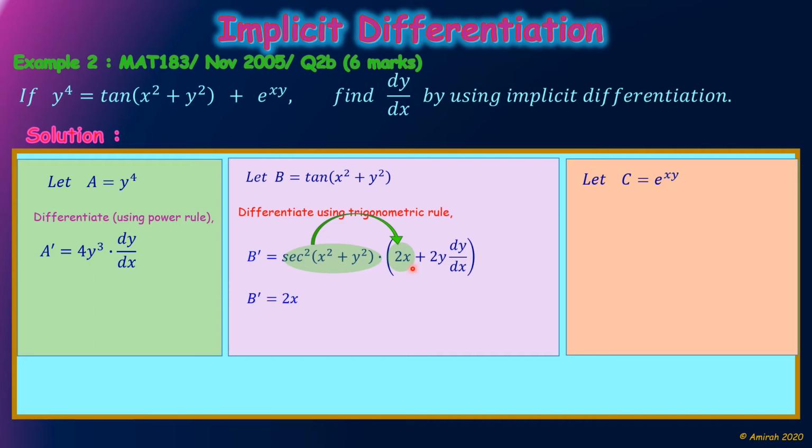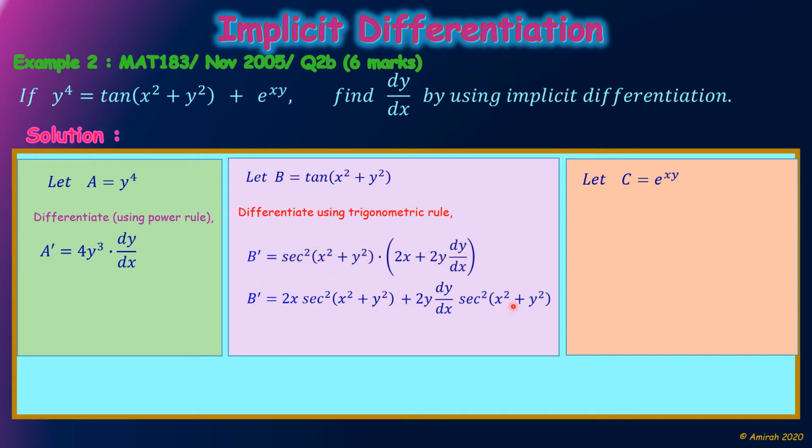We just put 2x in front and then sec squared (x squared plus y squared). And then we expand sec squared (x squared plus y squared) times 2y dy over dx. So we have plus 2y dy over dx sec squared (x squared plus y squared). Okay, this is b prime.